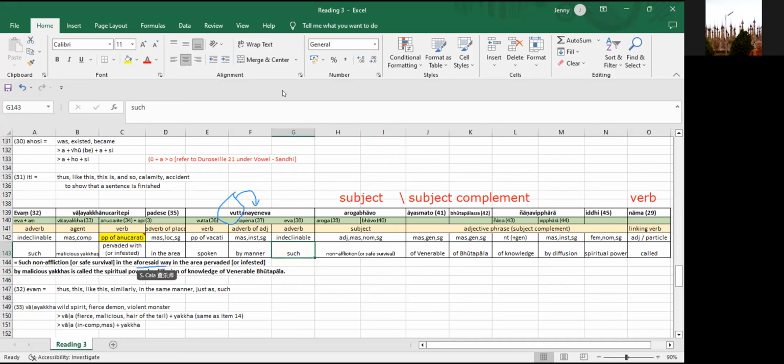So actually it's an adjective here, an adjective for the method. In the spoken way means the story mentioned earlier on.